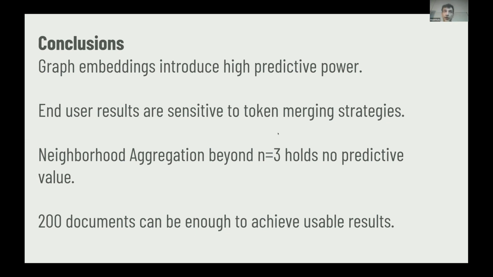We also observe in our paper that the results are extremely sensitive to the token merging strategies. Different strategies can impact the results of merging tokens, even leading to pretty unusable and poor real-world results, even if you have F scores of 99%.